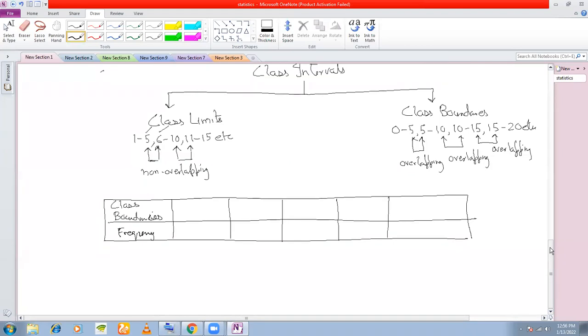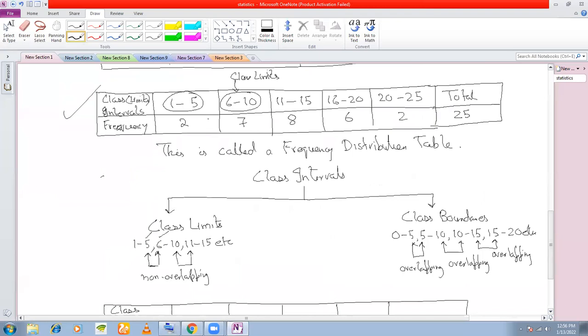How do you convert class limits to class boundaries? You take the highest value of the first class interval, which is called the upper limit, and you take the lower limit of the next class. What is the difference between these two? 6 minus 5, isn't it? 6 minus 5 is equal to 1. And if you divide this by 2, how much do you get?